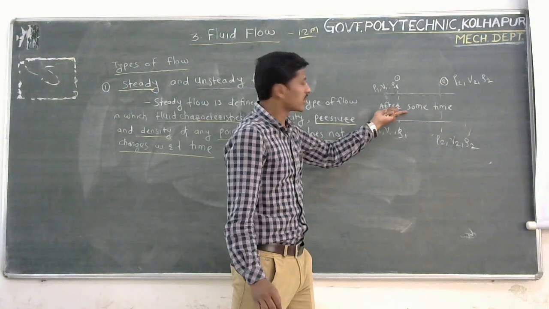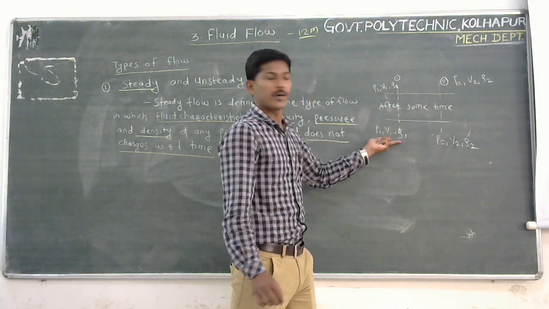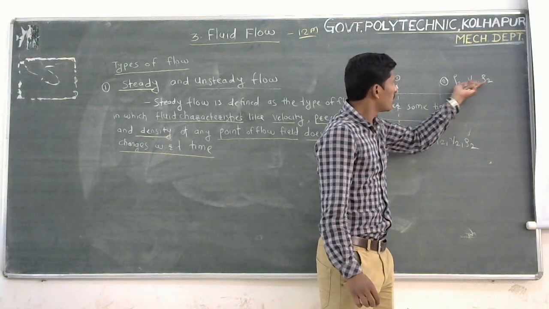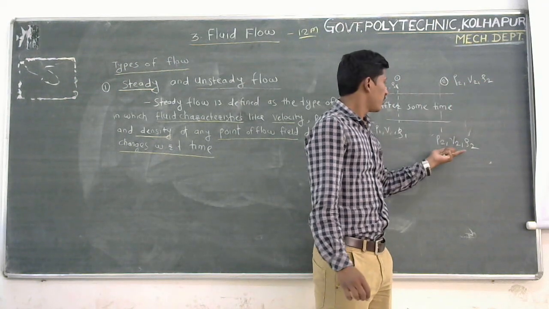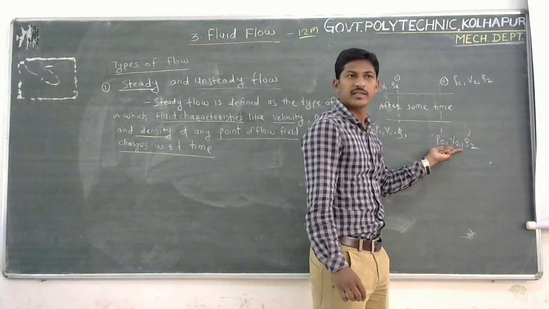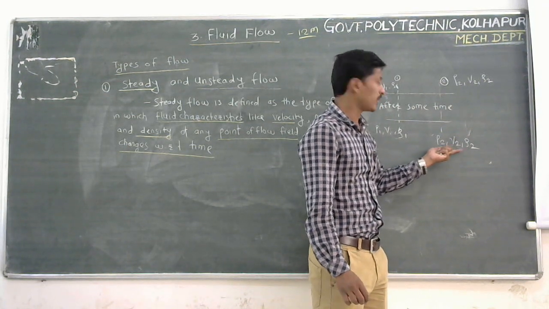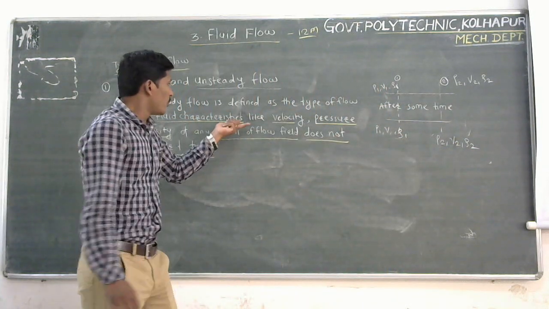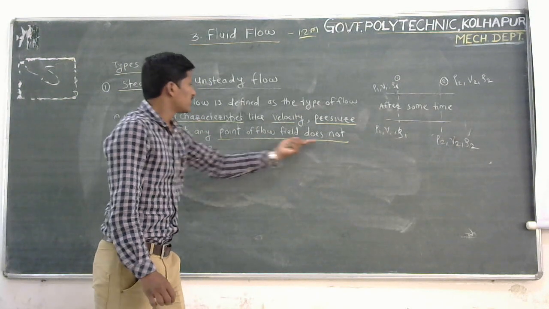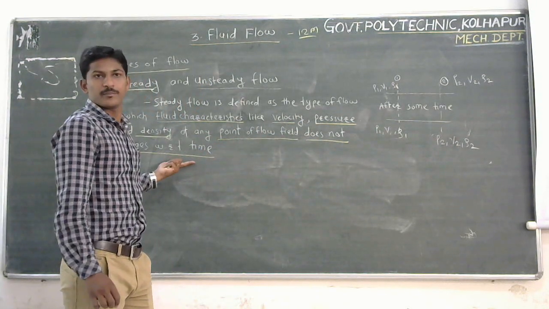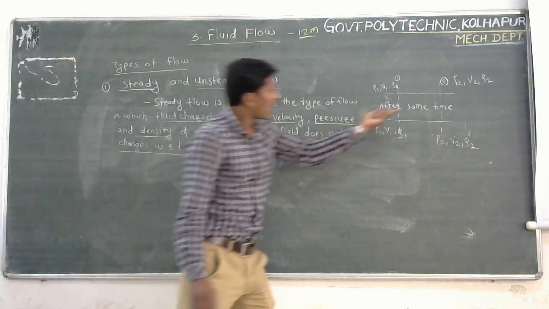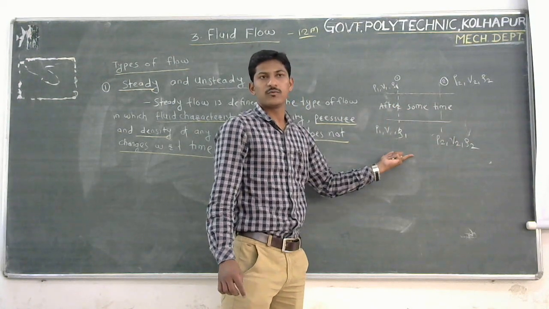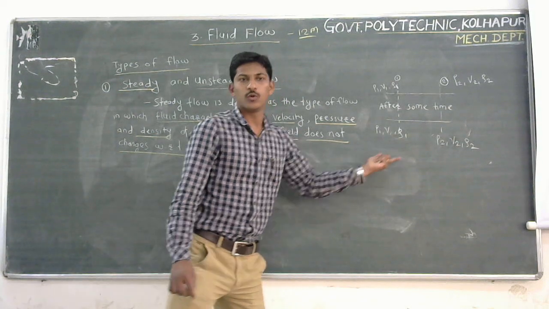After some time, we measured again and got the same properties. At section 2, the properties were P2, V2, ρ2, and after some time we got the same properties. So this means the fluid properties do not change with respect to time at any point in the flow field. Then it is called steady flow.